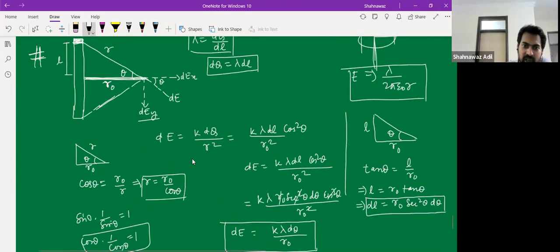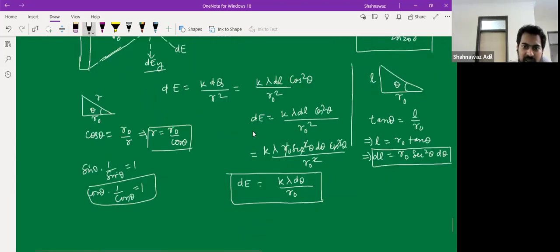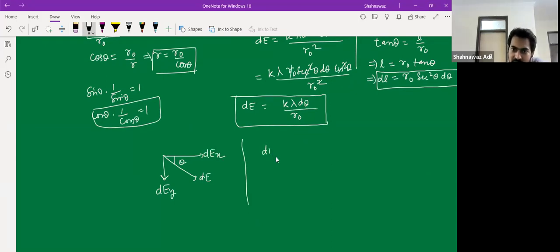Let us go back to this diagram. Let me draw this diagram here. This is the diagram. This is dE. This is theta. This is dEy. This is dEx. So what would be dEx, guys?